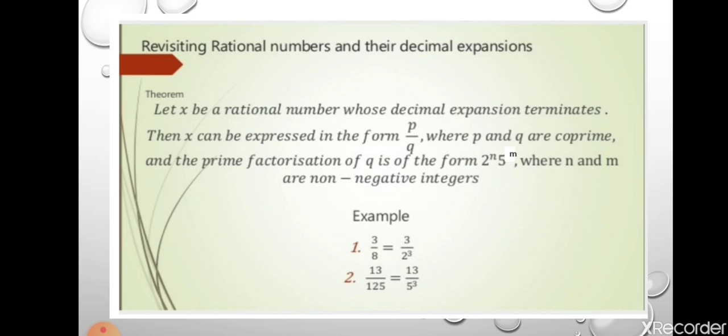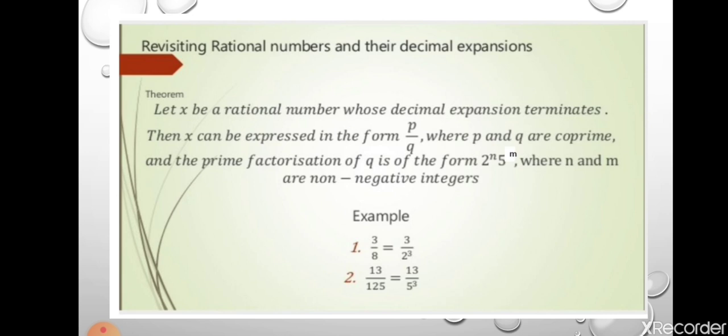Look at this example. 3 by 8 is a rational number and there is no common factor other than 1. So the first condition is satisfied: 3 by 8 is a rational number in its simplest form.